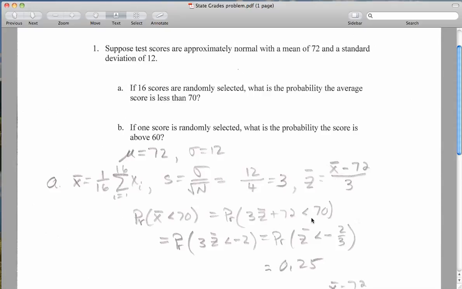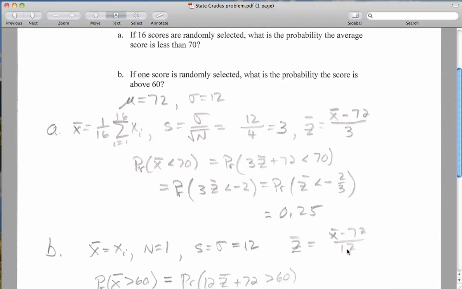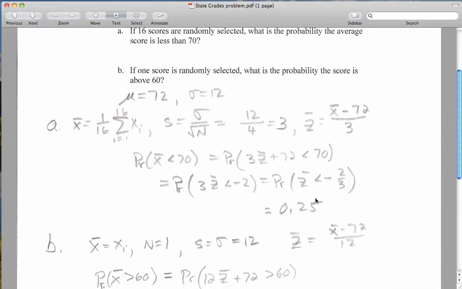So 3z bar plus 72 is less than 70. Rearrange terms a little bit. This becomes the probability that 3z bar is less than negative 2, or the probability that z bar is less than negative 2/3. Looking at the z-score calculator, I compute this as being 0.25. Hope I didn't make a mistake.